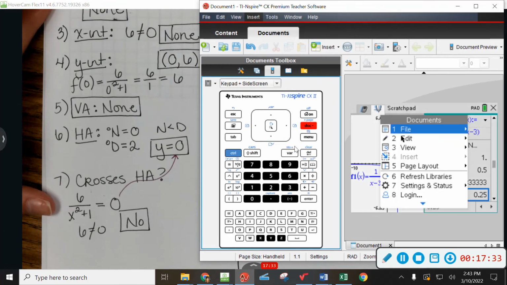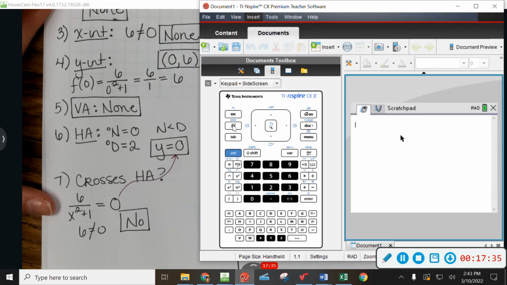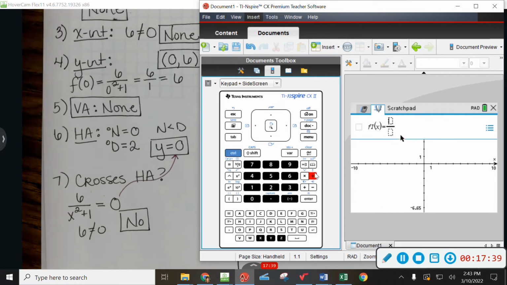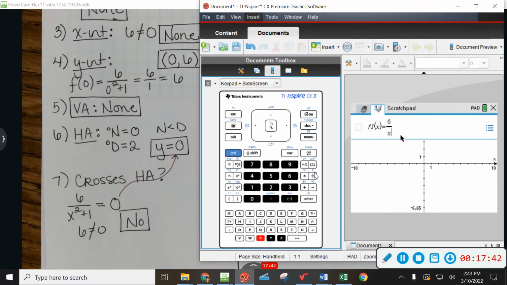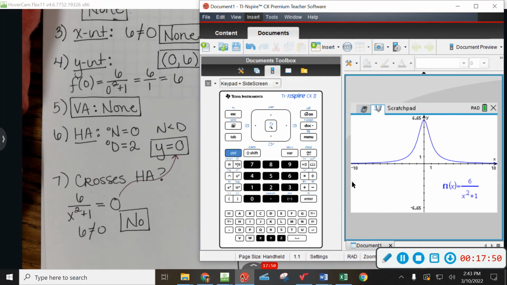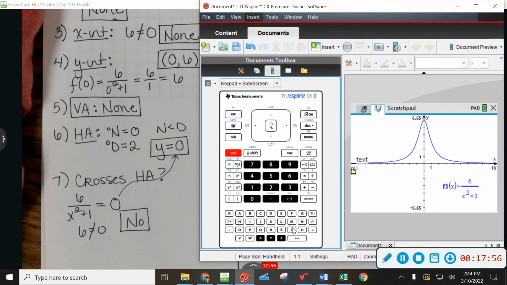So now my graph kind of looks like a bell curve. It doesn't look like what we're used to graphing.